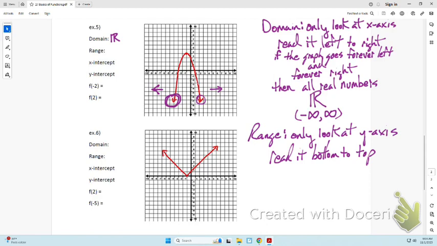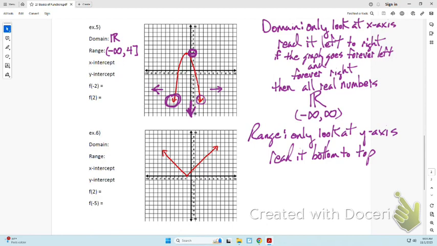Those arrows mean it's going forever down, but it does top out right here. I am only looking at the y-axis, which means I am only looking at that spot right there, and it stops at 4. So the range goes forever down, and it stops at 4. It hits 4, so I make a bracket.